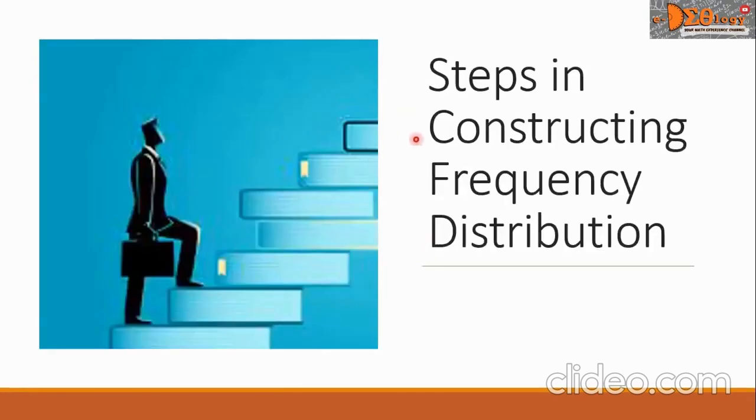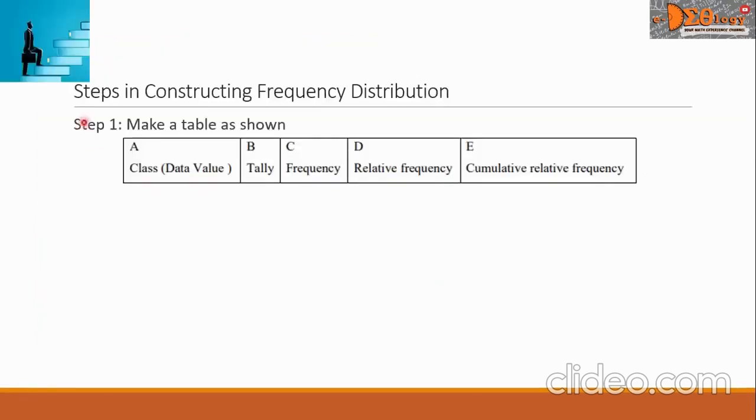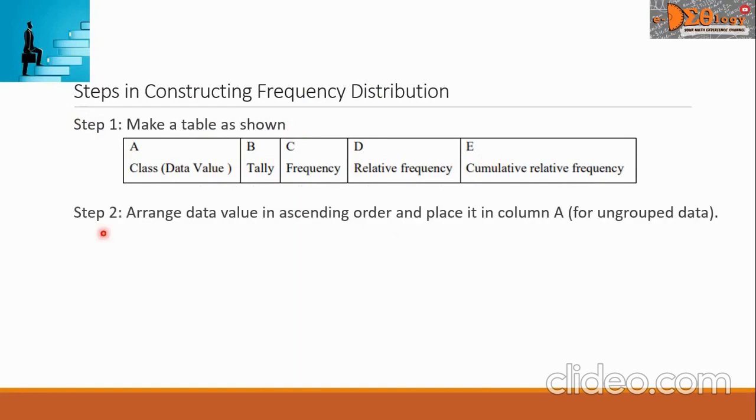There are steps in constructing frequency distribution. Step 1, we will make a table as shown. It means there will be 5 columns. For step 2, arrange data value in ascending order and place it in column A, that is for ungrouped data.